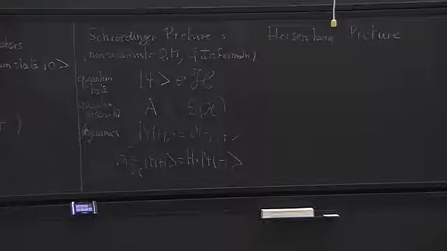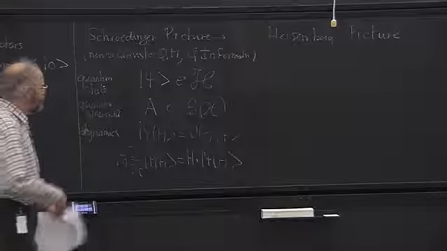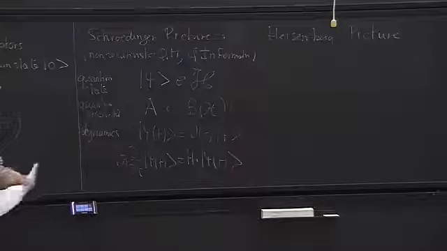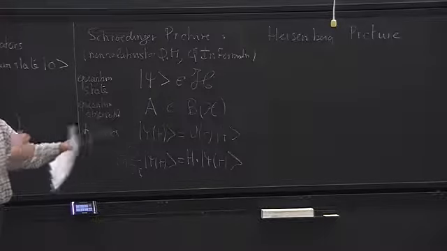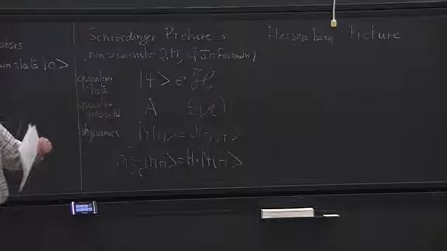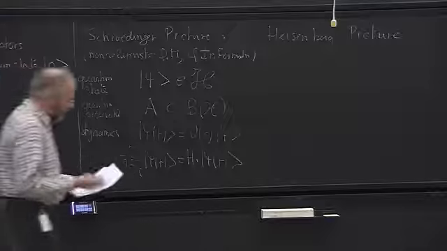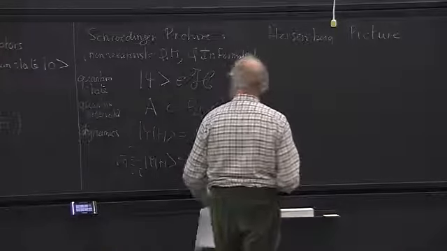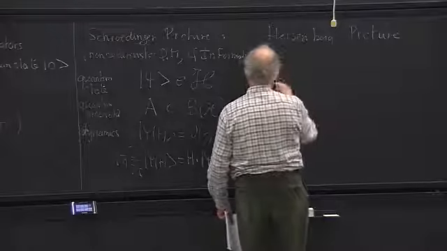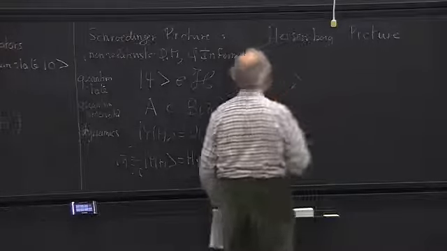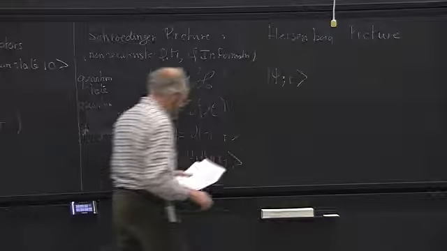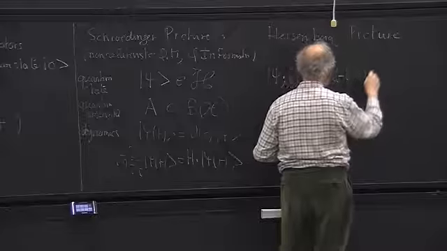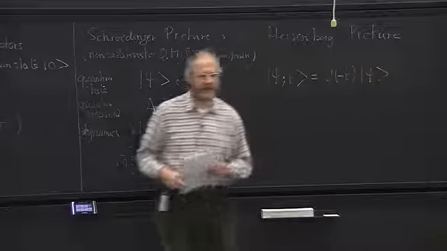Okay. In the Heisenberg picture, you change your point of view because simply you follow the states, all the states, as they evolve with time. So basically, you define a state ψ_H at time t as simply U(−t) times the state ψ.